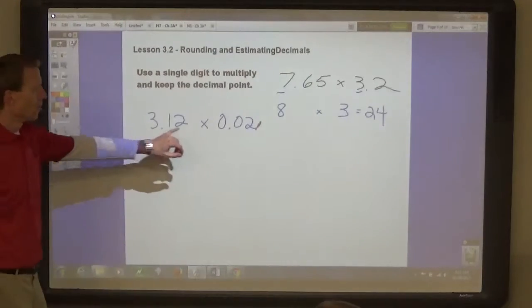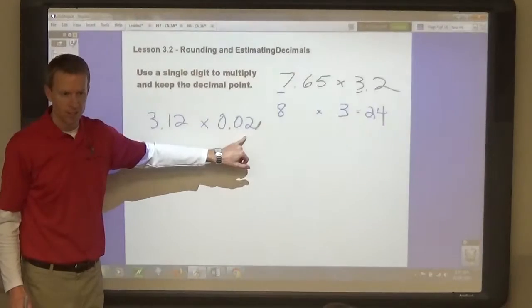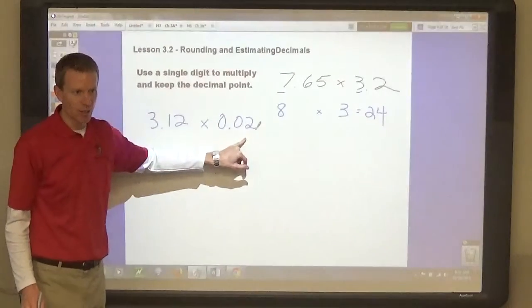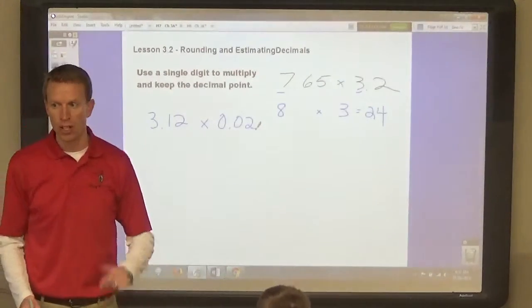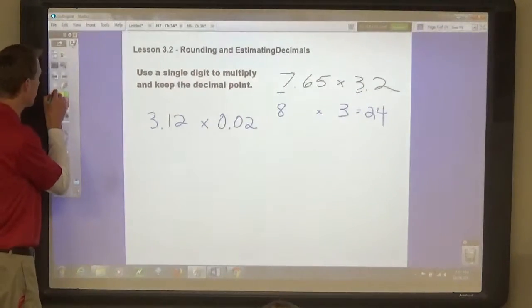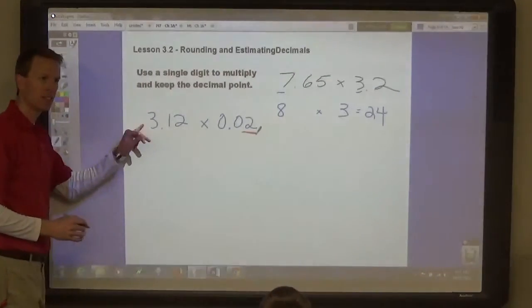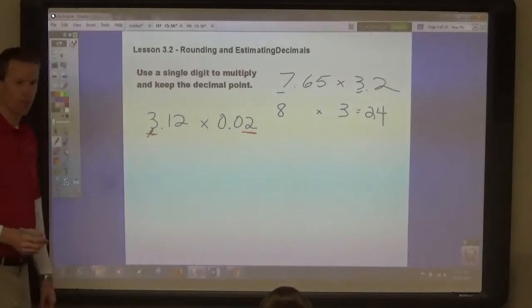Now, you can't multiply by 0, not when you're estimating, because otherwise you're just going to get 0. You're going to use a single non-zero digit. So you would use the 0.2, and round this number to just 3.